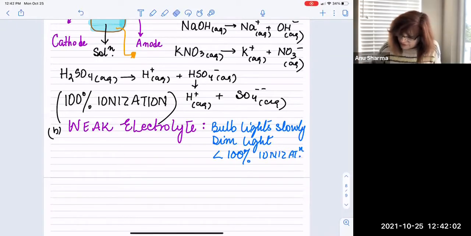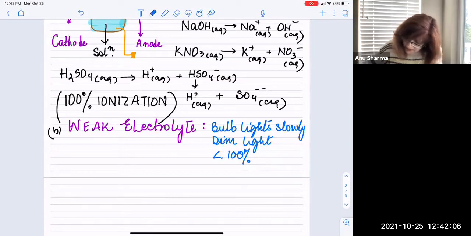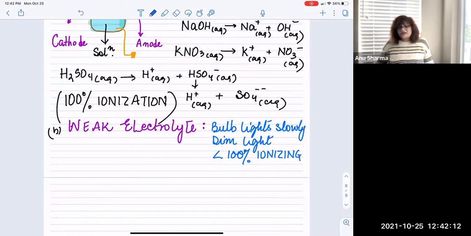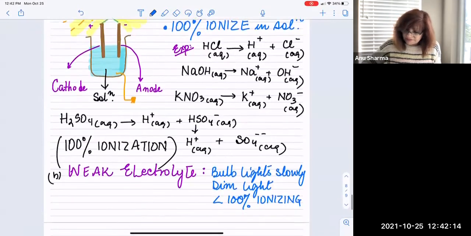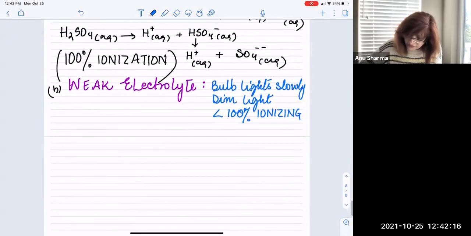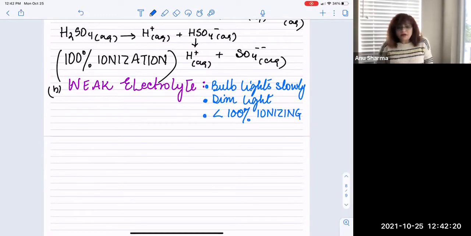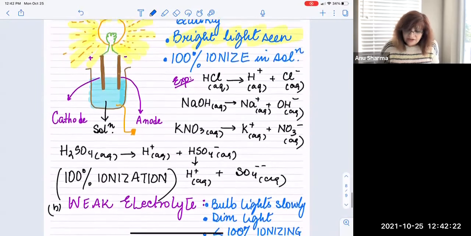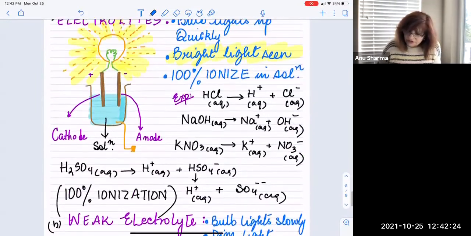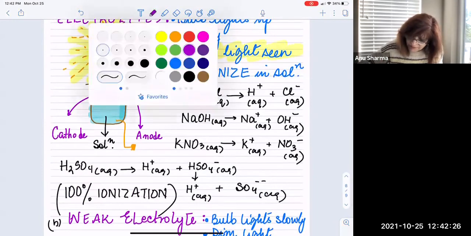Less than 100% ionizing. Now, what kind of examples do we see?